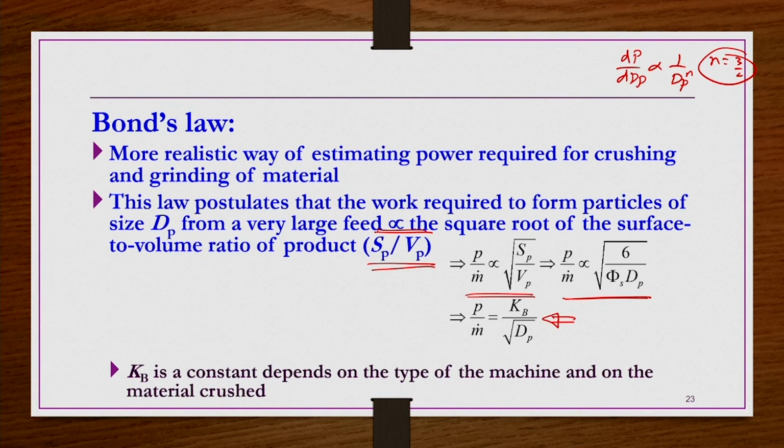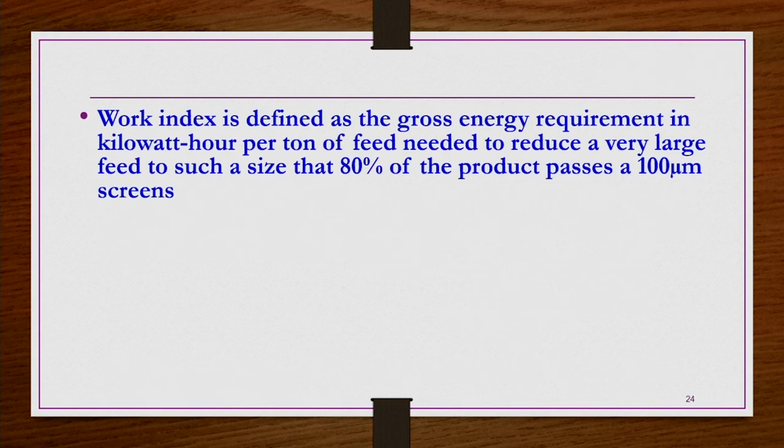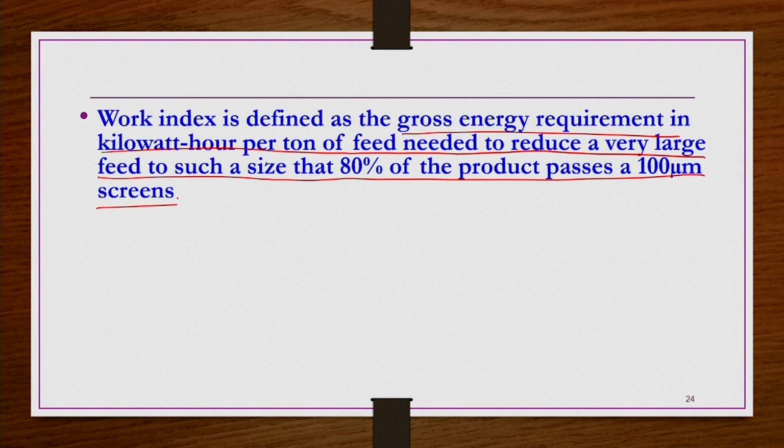So, this is Bond's law, but we are going to use the same law in a different form. For that we need to define a work index. Work index is defined as the gross energy requirement in kilowatt hour per ton of feed needed to reduce a very large feed to such a size that 80% of the product passes a 100 micron screen.